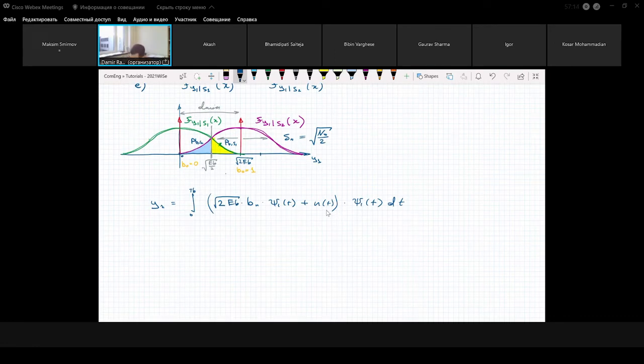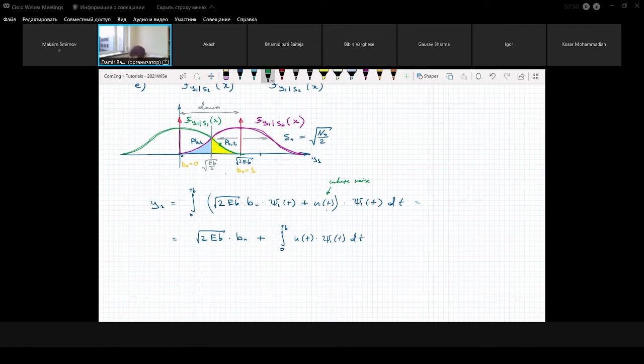And n(t) is white noise, with power spectral density equal to N0 over 2. If we open parentheses and separate this expression into two integrals, for the first integral we get the result square root of 2EB times Bn, plus the last integral from 0 to TB of n(t) times psi 1 of t.